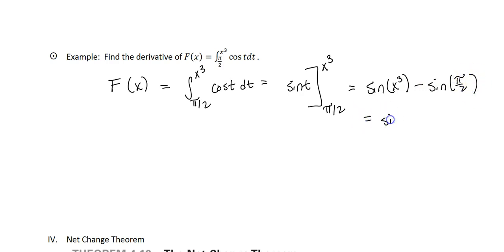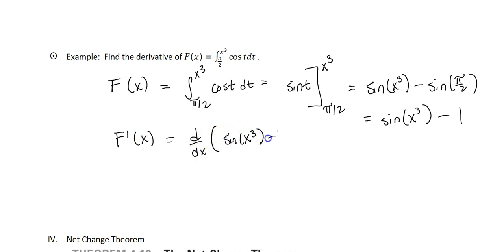And we know that sine of pi over 2 from our unit circle is 1. And then if I were to turn around and take the derivative of this, I would have the derivative with respect to x of sine of x cubed minus 1, which using the chain rule would be 3x squared times cosine of x cubed, and then plus 0. So that would end up giving my answer.